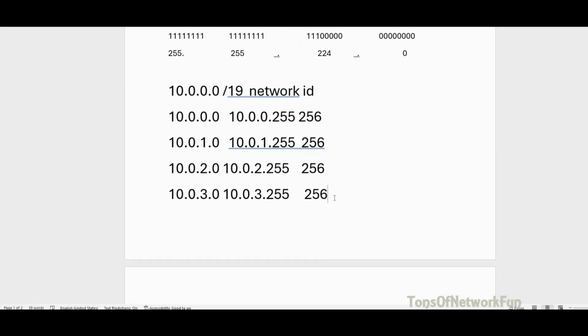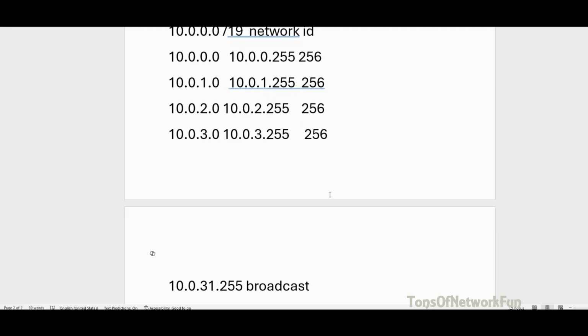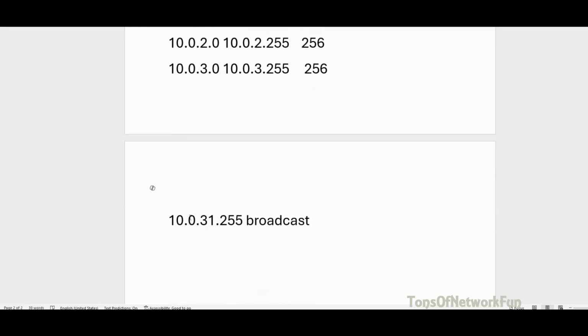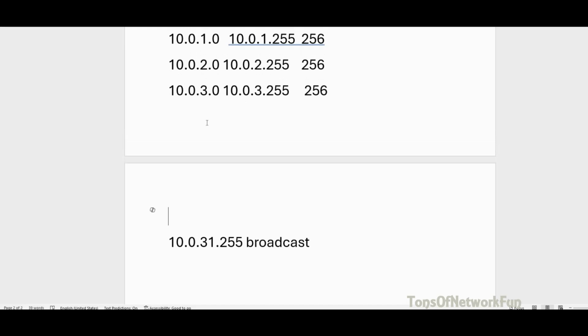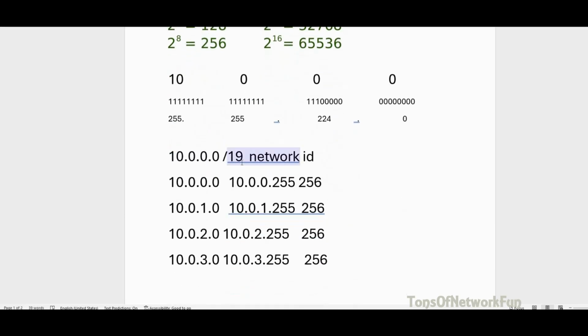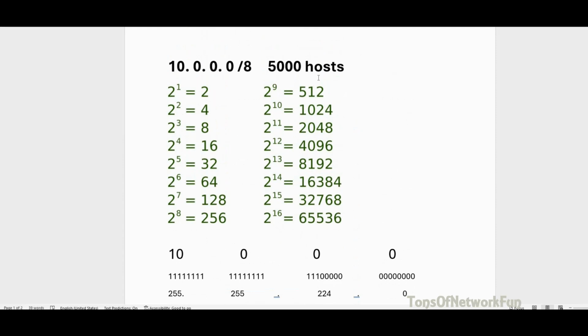Like that we are going to go all the way to 10.0.31.255, which will be the broadcast. 4.0, 5.0, 6.0, 7.0, 8.0, 9.0, 10.0, 11.0, all the way to 31.255 will give us this many addresses, which is plenty more than 5,000 hosts. So we have satisfied the requirement. This is how you would work out this particular requirement.